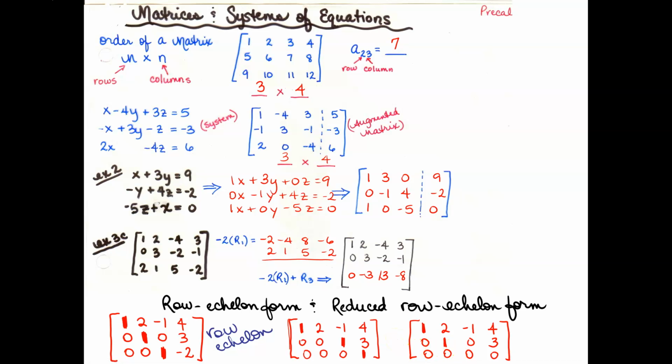If you have a row of zeros in row echelon form, it has to be at the very bottom. So this row of zeros is at the very bottom. Is everything else true about this, that it's in row echelon form? Yeah, because the first non-zero number is a 1, and each leading 1 is further to the left than the one below it, and then all the zeros are in the bottom row.